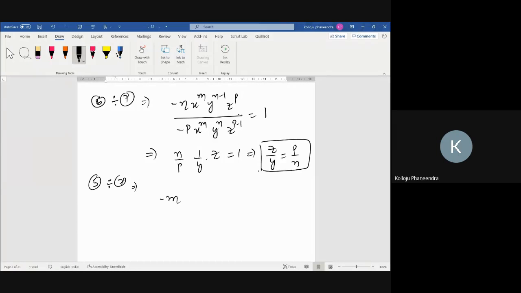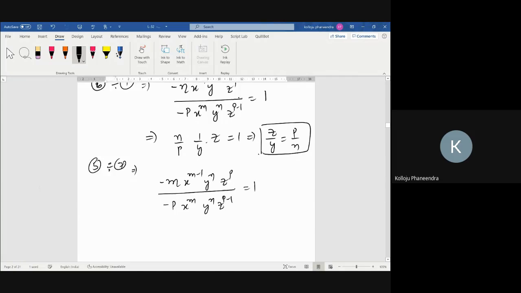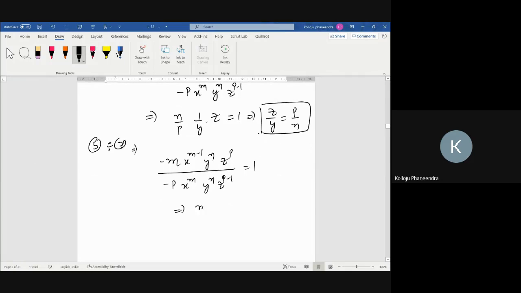This is minus m x^(m-1) y^n z^p by minus p x^m y^n z^(p-1) equal to 1. So this is equal to m by p, 1 by x, z equal to 1. So z by x equal to how much? p by m.